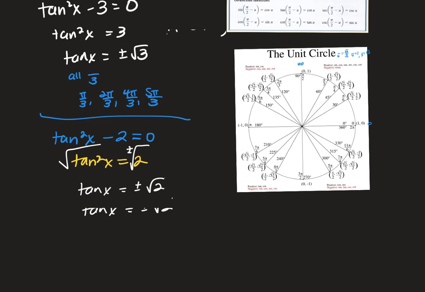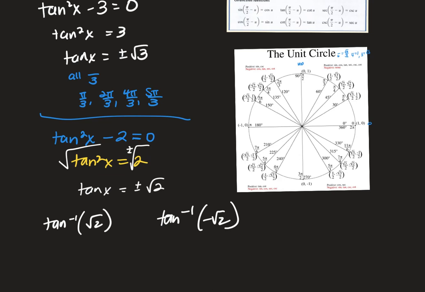Because these kinds of questions are in radians, right? But when we solve for our triangles, we're in degrees. So I would switch, everybody practice. I would switch my calculator to radians. And I would get tan negative 1 of root 2, and then tan negative 1 of negative root 2.